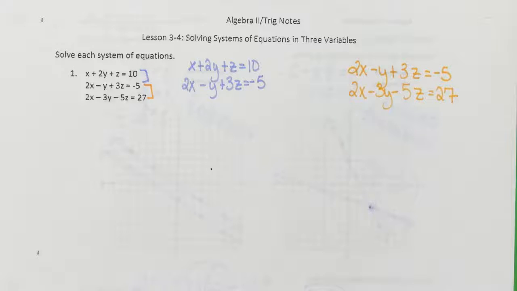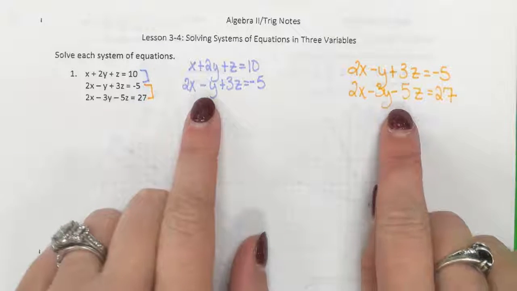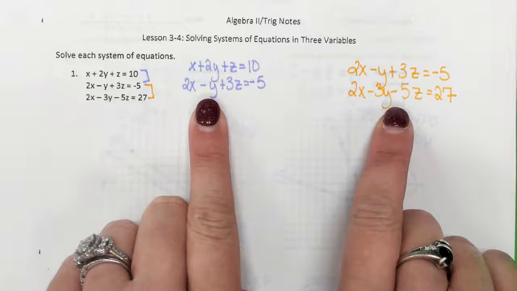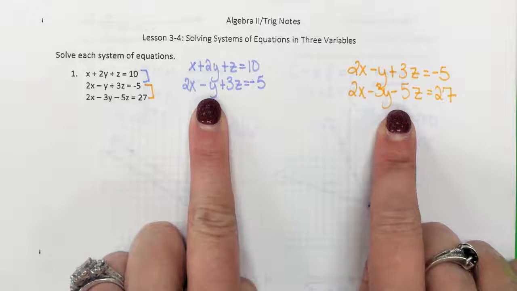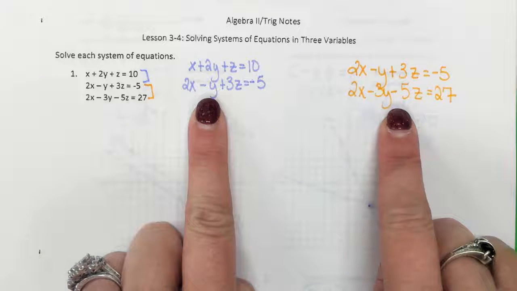Okay, so the only thing, we're going to do elimination, and we're going to do it exactly like we did before, but here's the thing. You have to do elimination on both of them, and you have to get rid of the same letter on both of them. It doesn't matter what letter, but it's got to be the same.